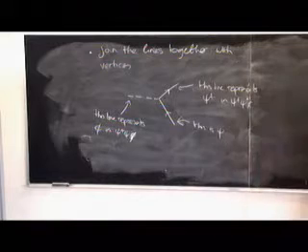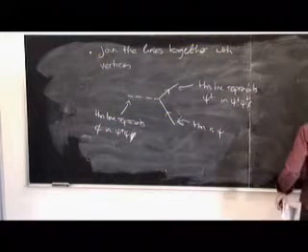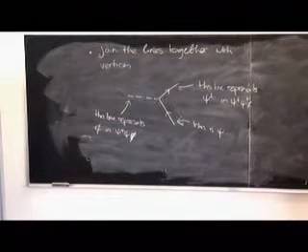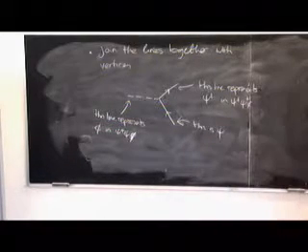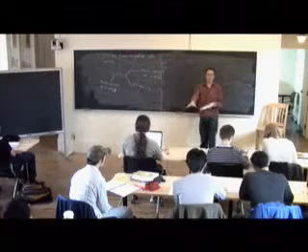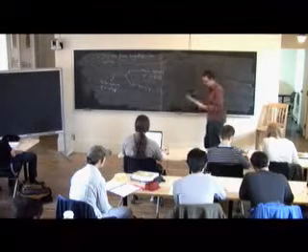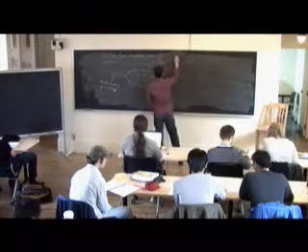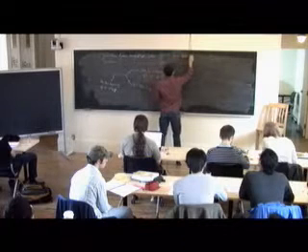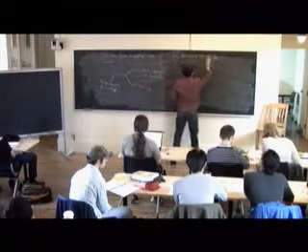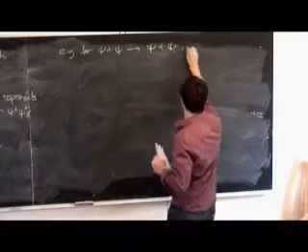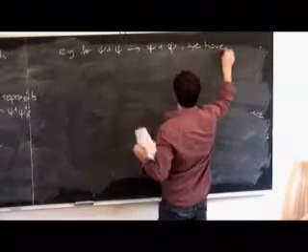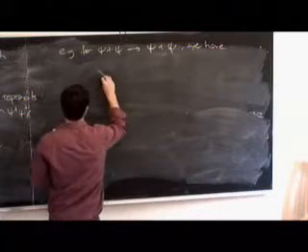So let me just give you some examples. These are the rules for drawing the picture, and now I'm going to give you the rules for associating to each picture a mathematical formula. So for psi, 2 psi particles go into 2 psi particles.